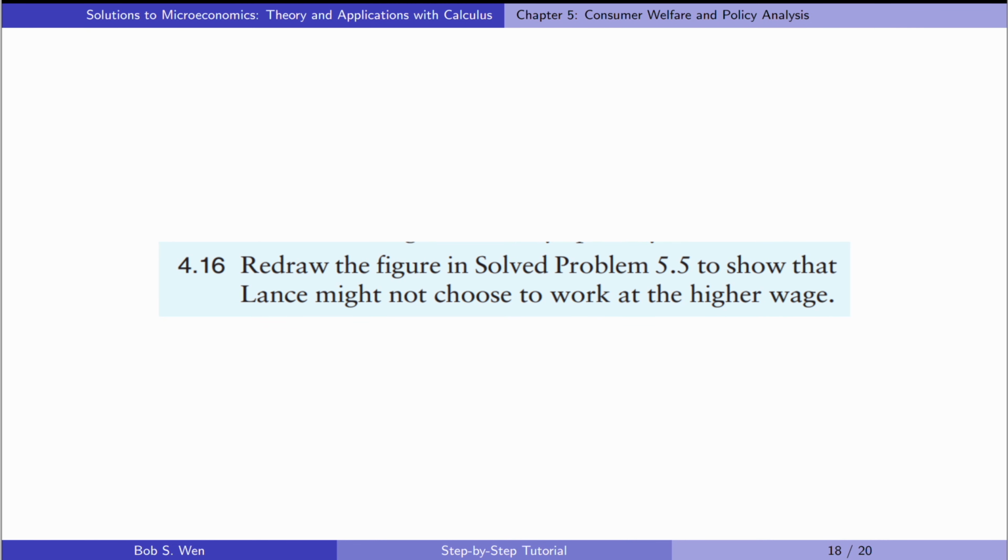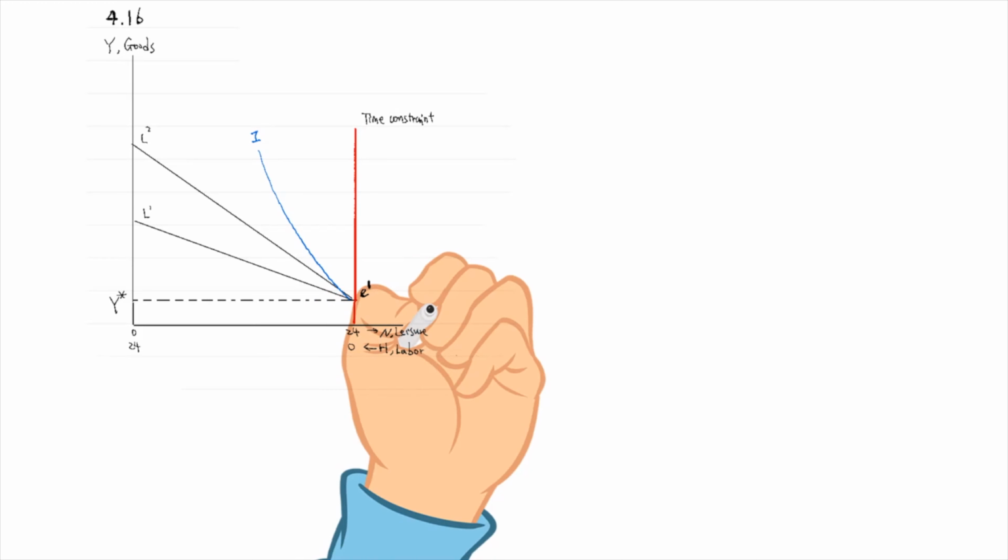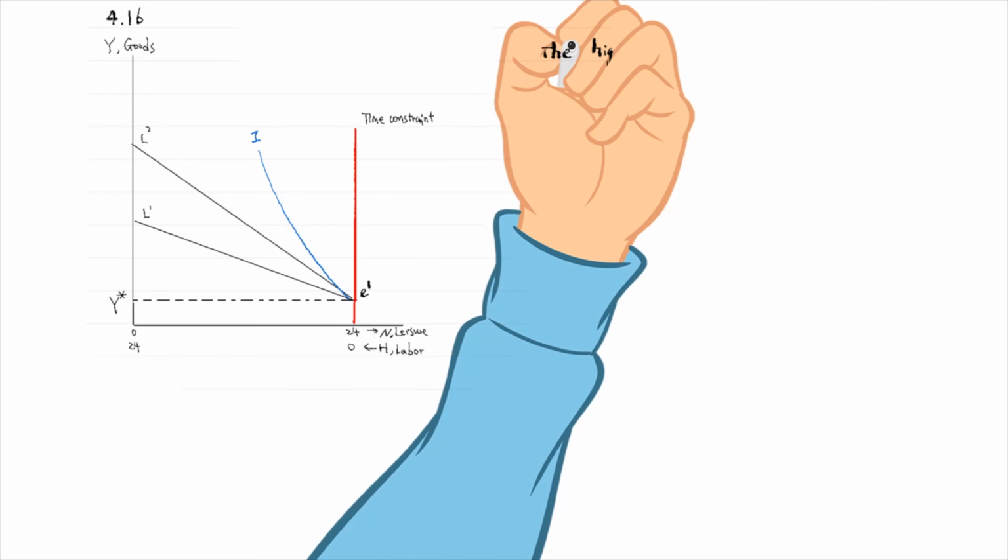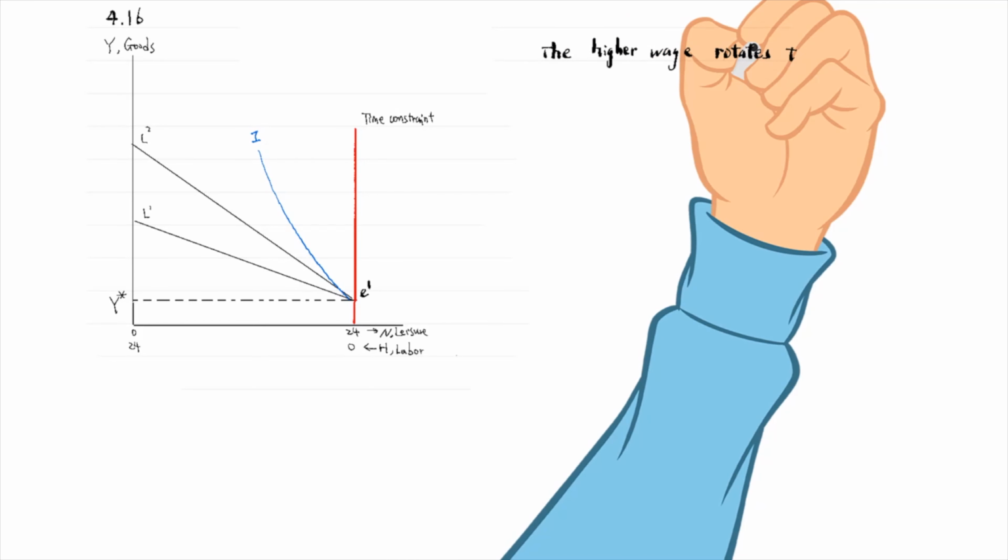Let's go to exercise 4.16. We draw the figure in solved problem 5.5 to show that the consumer might not choose to work at the higher wage. The higher wage rotates the budget line from L1 to L2.